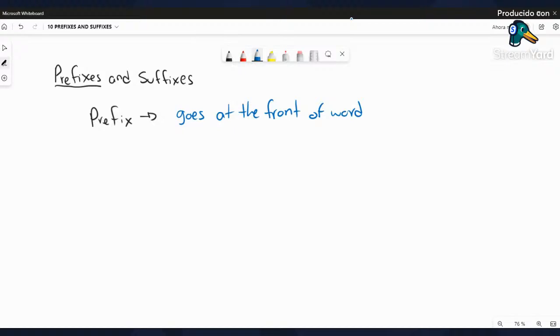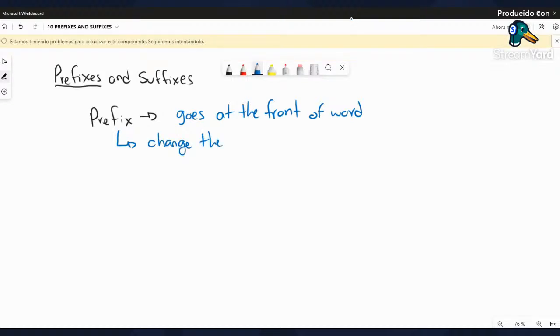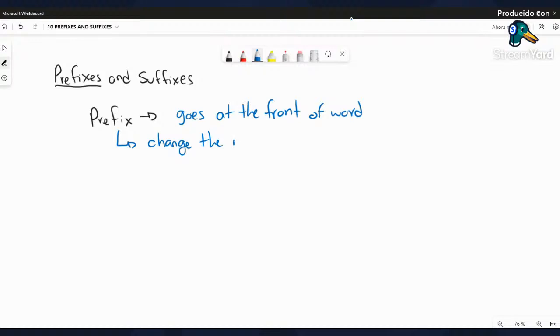Sometimes we add it, and we can change the meaning. Thanks to this prefix, it's going to change the meaning of the word. There you go. Okay, so it changes the meaning.